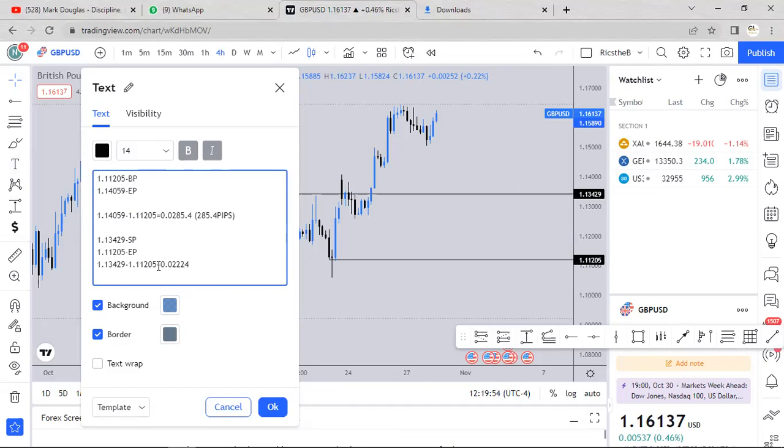So again, we're going to do the same thing. We're going to move the decimal place 4 times. That is the easiest way to understand how to calculate pips. So 1, 2, 3, and 4. So we are going to have our decimal point right there. This simply means at this particular time we had a 222.4 pips move.